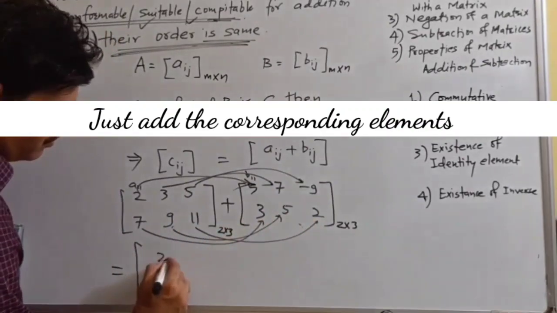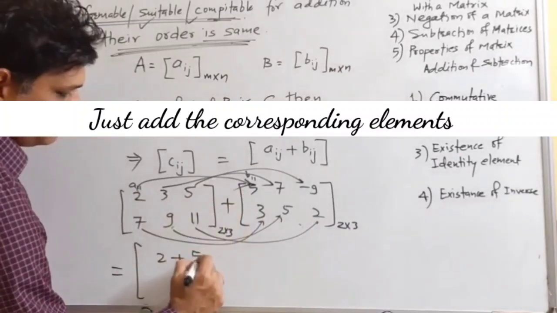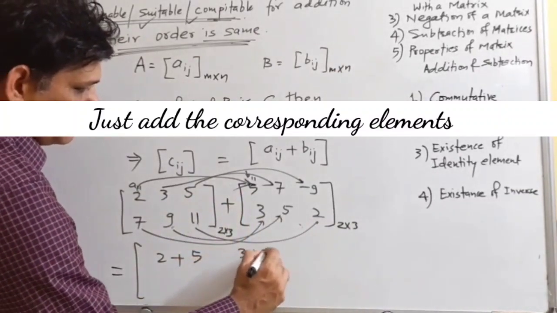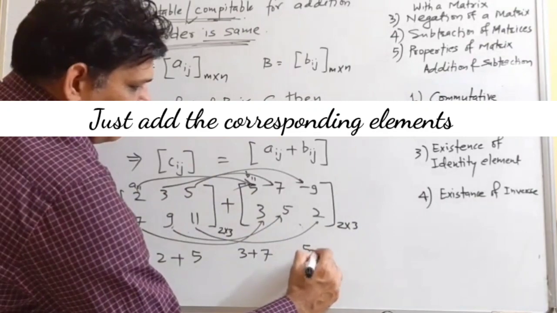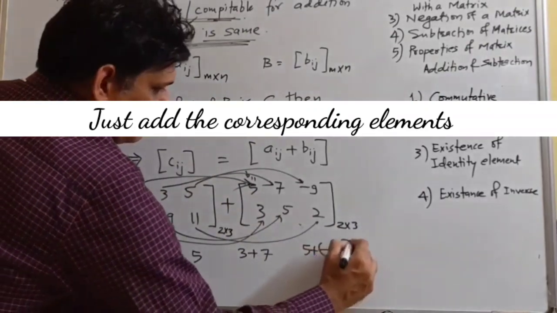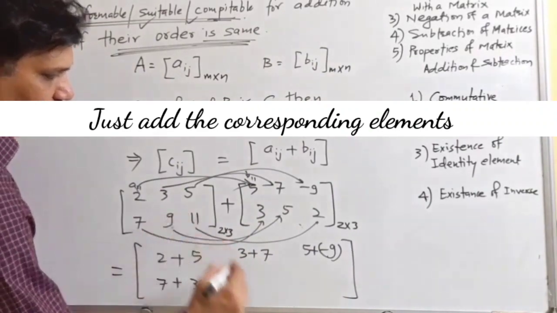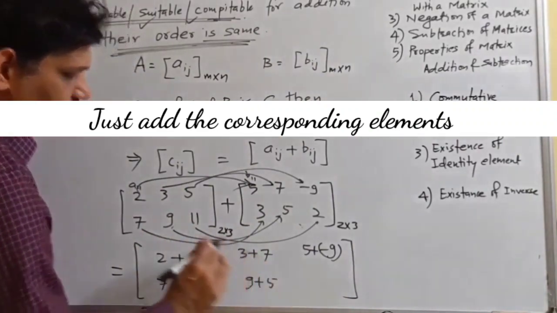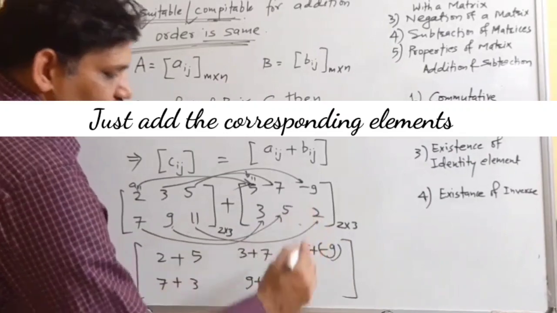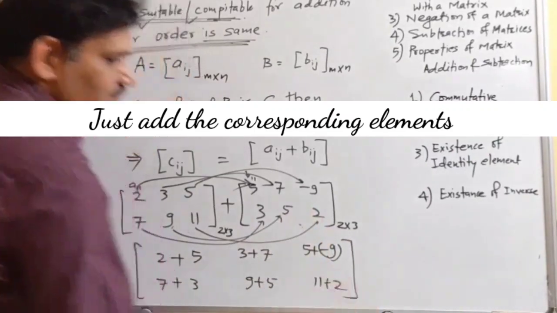So this will give me 2 plus 5, then 3 plus 7, 5 plus minus 9, here 7 plus 3, here 9 plus 5, and the corresponding element to 11 is 2, then 11 plus 2.